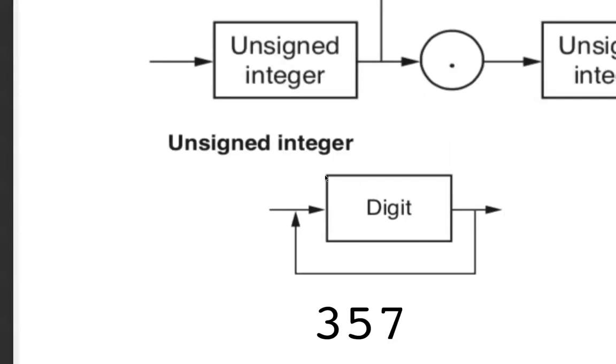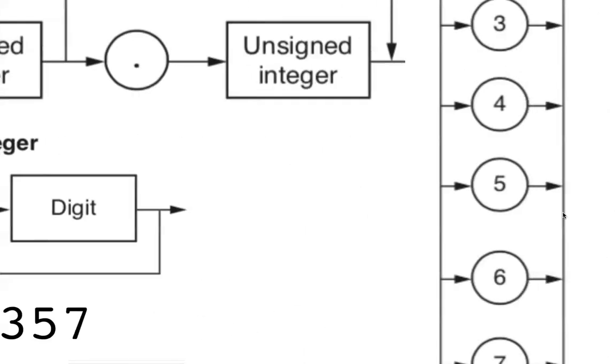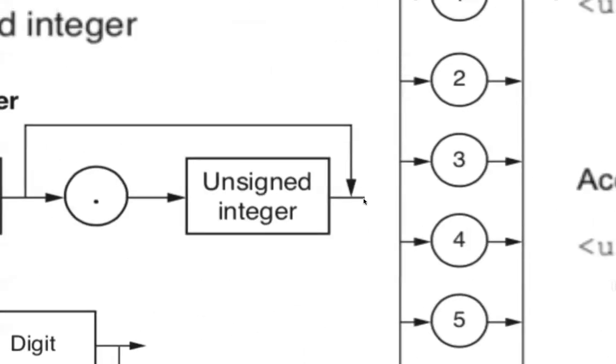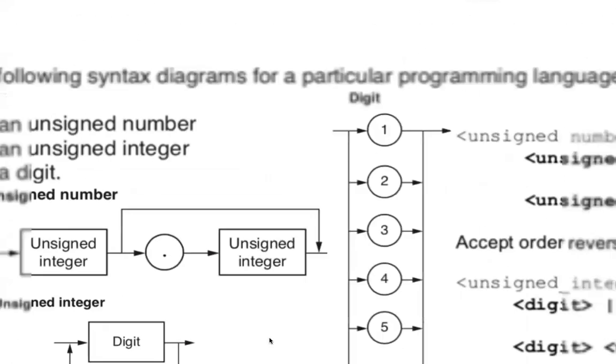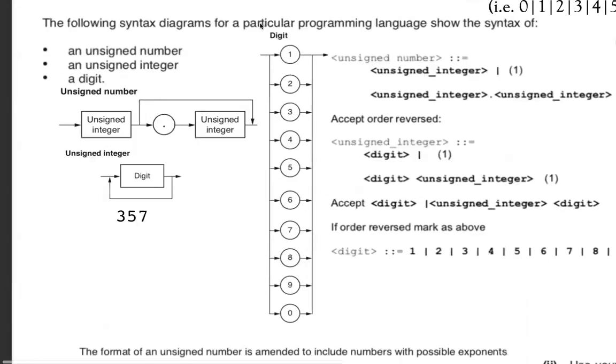Since you can see that digit is also represented with a rectangle, that means this digit is also a non-terminal. So it too should have its own syntax diagram. And that's exactly what this is over here. This is the definition for a digit.